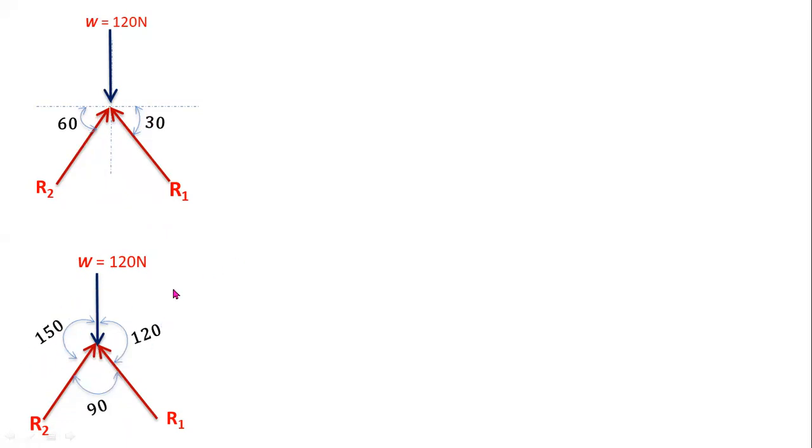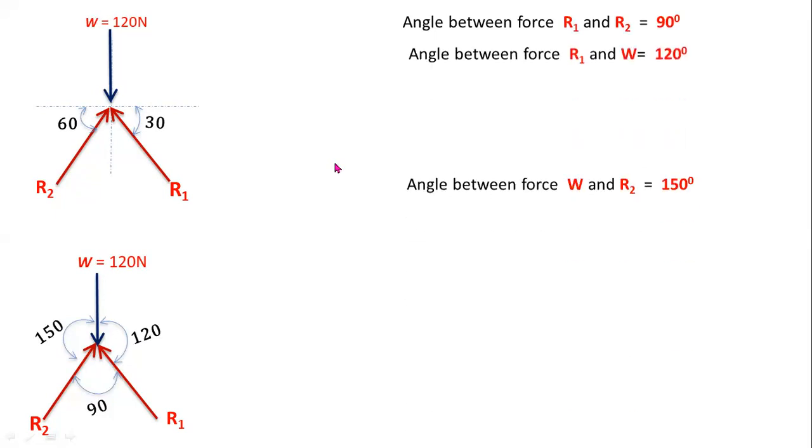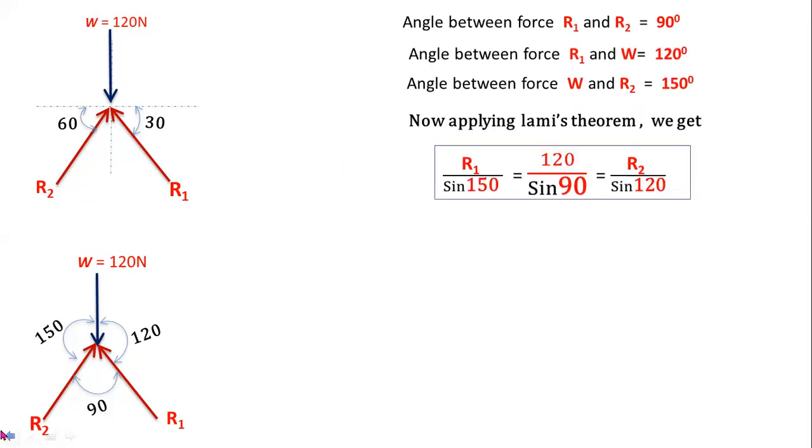Now you have to apply Lami's theorem. From Lami's theorem, each force is directly proportional to the sine of the angle between the other two forces. So R1 divided by sine 150 degrees equals 120 newtons divided by sine 90 degrees equals R2 divided by sine 120 degrees. Now you have to solve these equations to determine the value of R1.